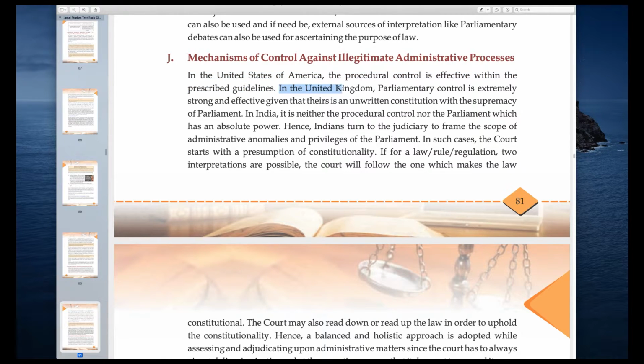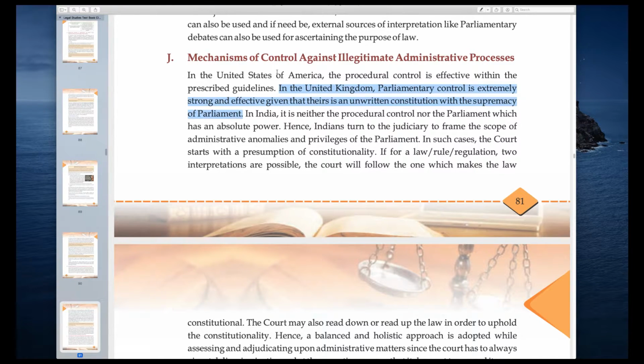Okay. Secondly, in the United Kingdom, parliamentary control is extremely strong and effective given that theirs is an unwritten constitution with supremacy of parliament. So here in the United States of America, there is procedural control.